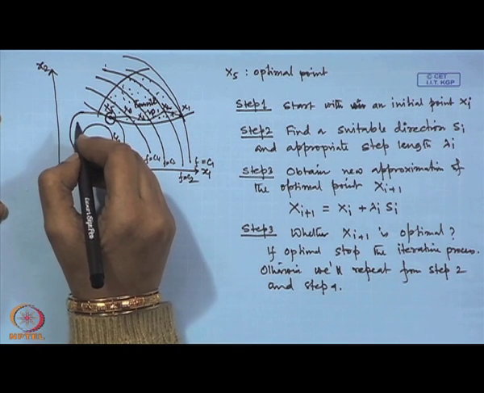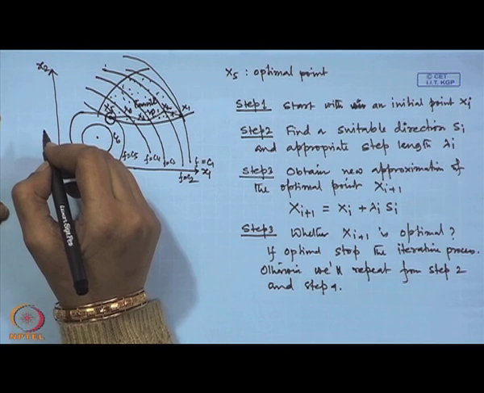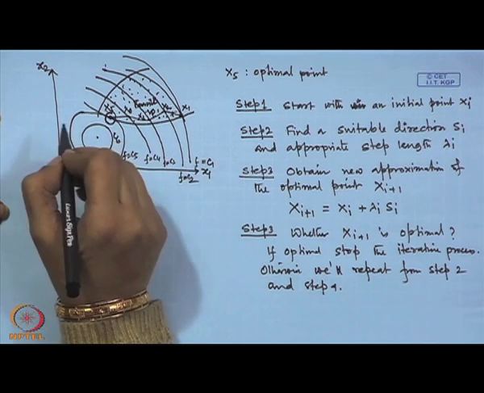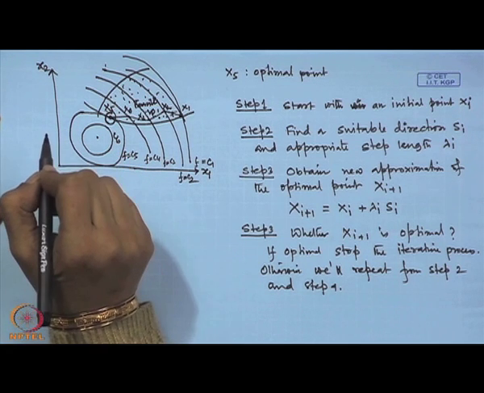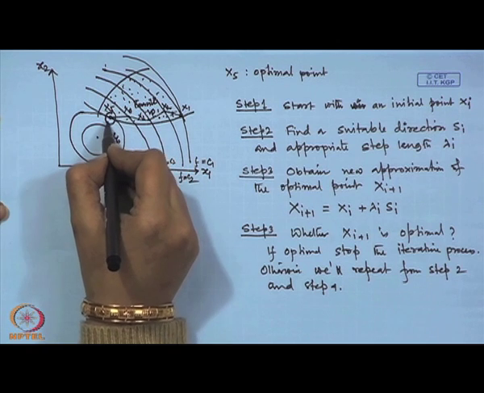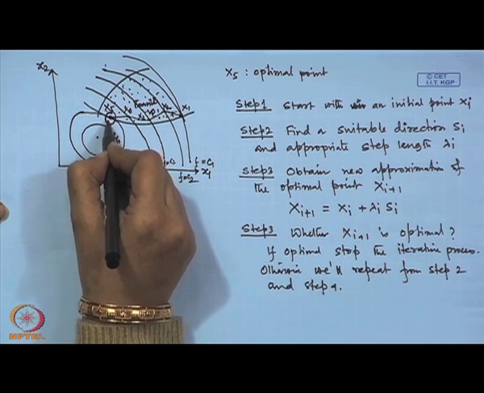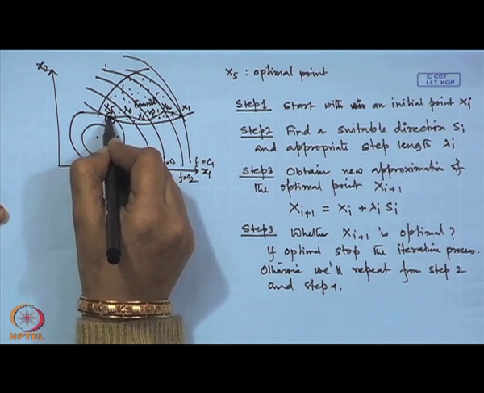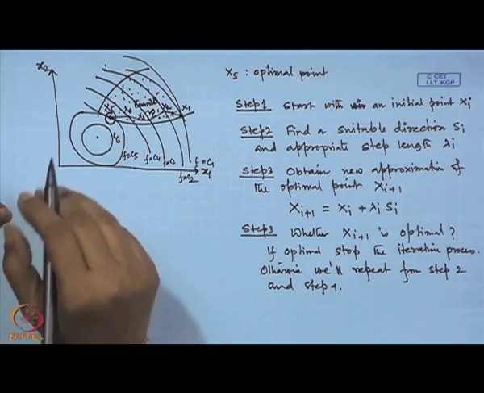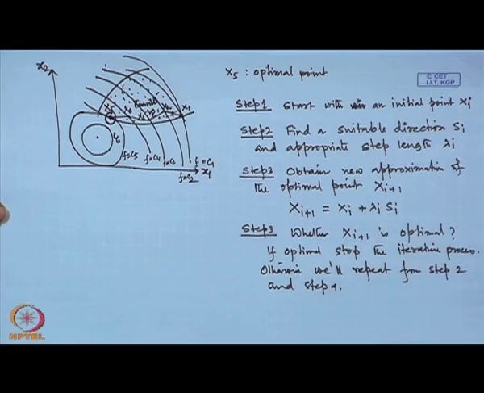We are selecting s2, the suitable direction, and the appropriate step length lambda 2, and we are getting the next point, that is x3 as x2 plus lambda 2 into s2. Again we are moving to x4, then we are moving to x5. x5 is certainly optimal, because if I just proceed further, I will be out of the feasible space. That is, the whole searching mechanism is based on this appropriate procedure.